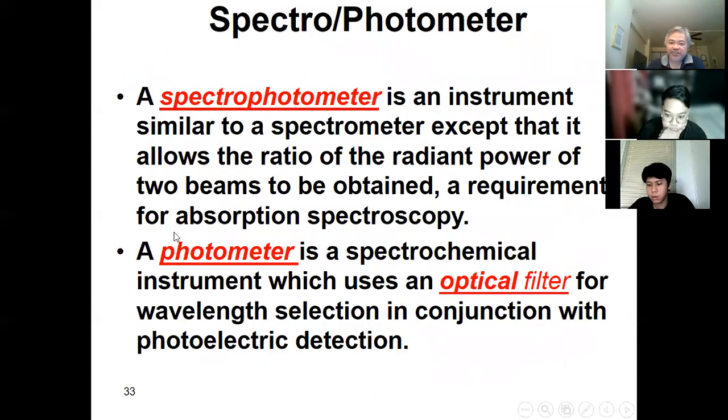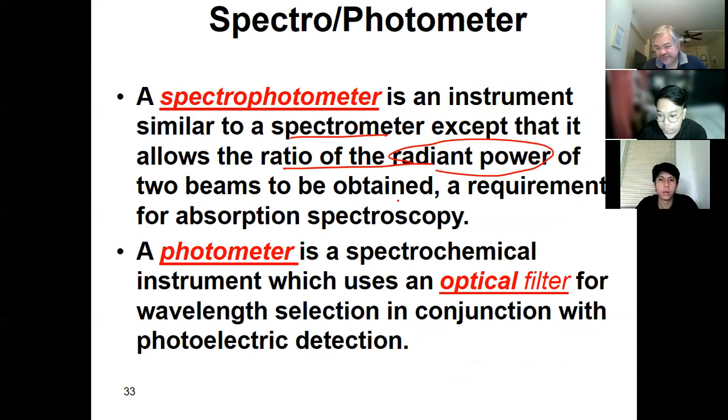Now, if you have a spectrophotometer, this is just an instrument similar to the spectrometer, except that it allows the ratio of the radiant power of the two beams to be obtained, a requirement for absorption spectroscopy.